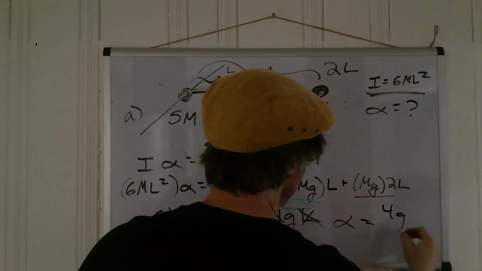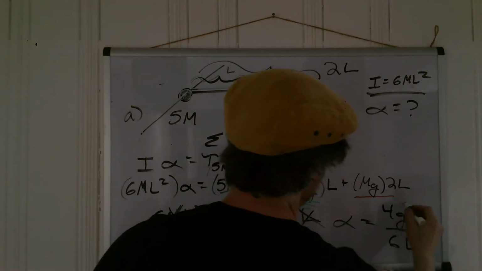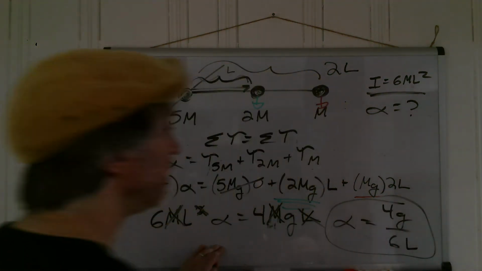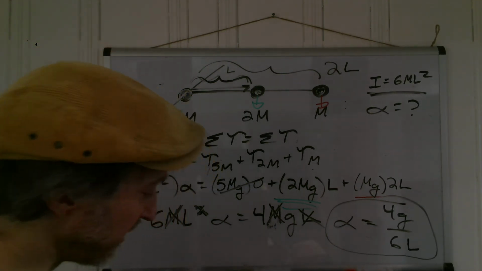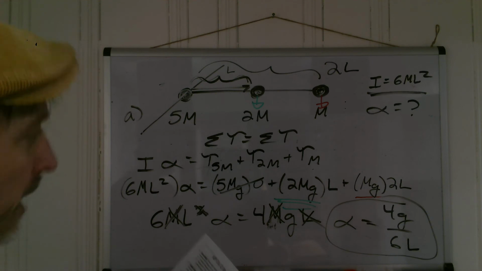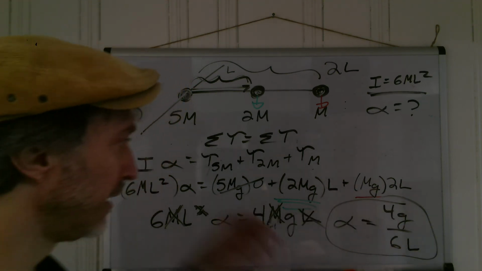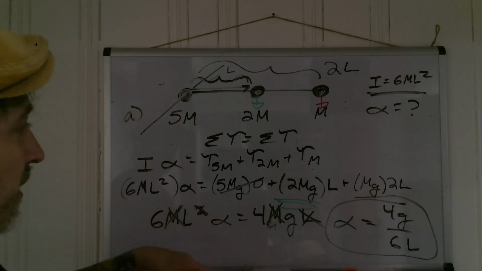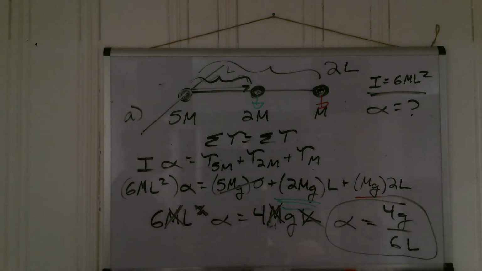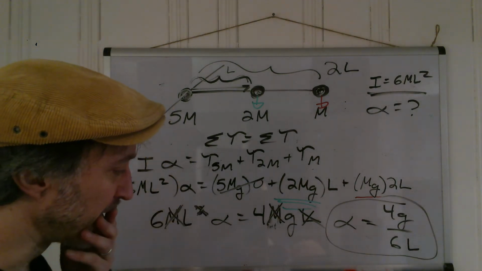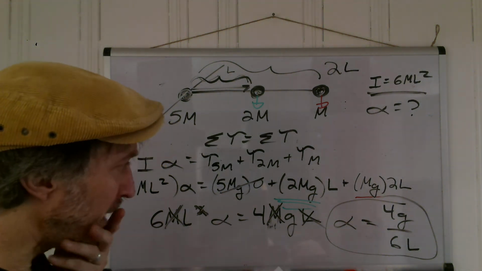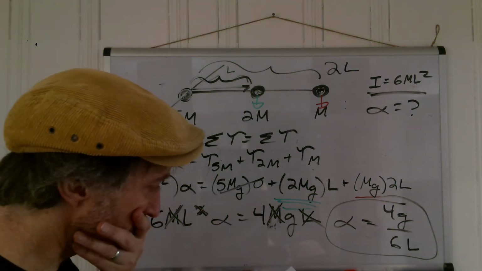So I get 4g over 6L, which is obviously 2g over 3L. All right. And then the problem tells you what g and L are, so at that point you can just plug in. Notice the m doesn't matter here, right? Because all of our forces and torques are proportional to the masses. Okay. So there we go. So there's our acceleration. Cool.